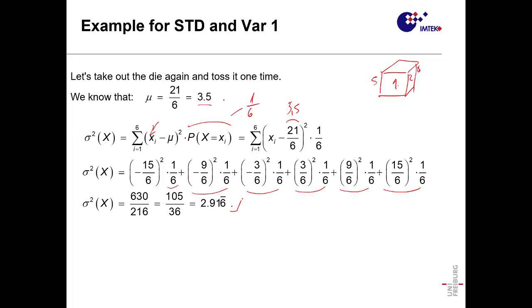So this flat distribution of tossing a die has an expected value of 3.5 and a variance of 2.91. And the standard deviation will be the square root of that, which is 1.7.